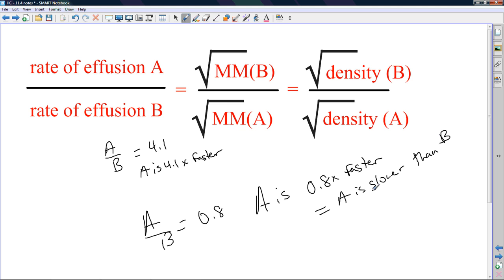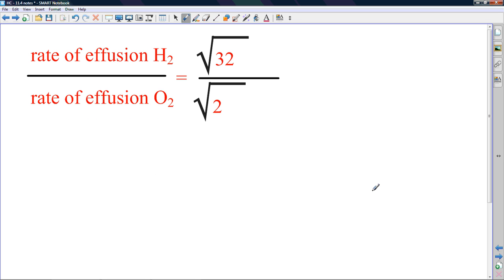So on sample problem on page 388, you just look at a calculation between hydrogen and oxygen. So we're talking about what is the rate of hydrogen gas compared to oxygen. So the rate of hydrogen over the rate of oxygen is equal to the square root of 32 over 2. Now, what does that mean?